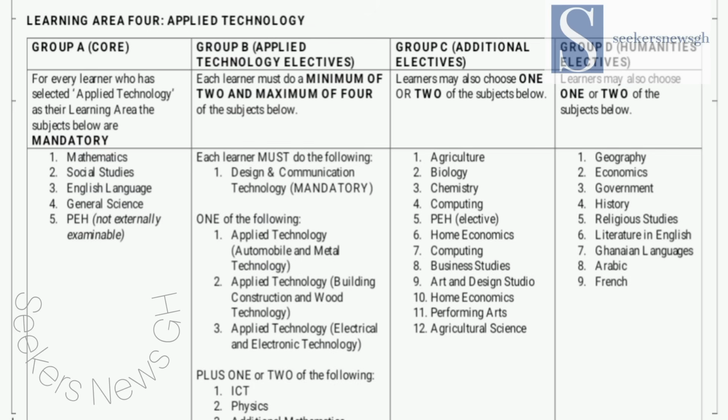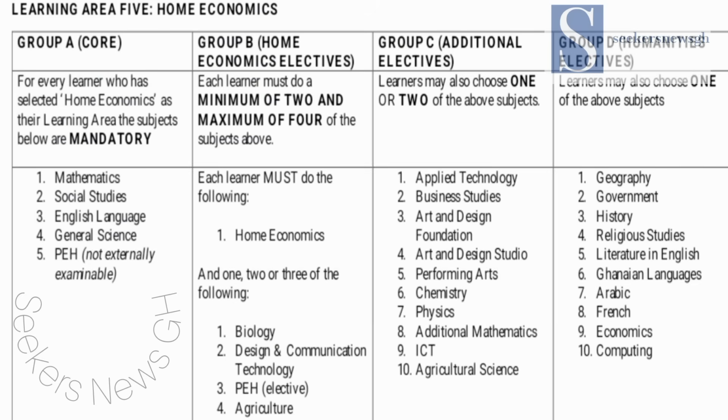So this time around, there's that option of choosing these programs, so that you'll be able to do what you want to do at the university, or work in certain firms and do the things you love.